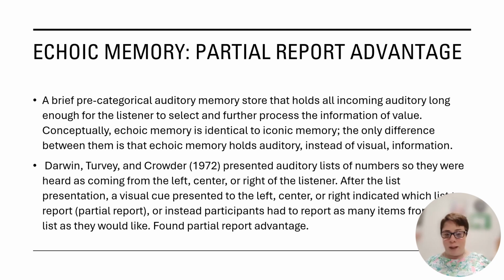And in these experiments, Darwin and colleagues found a partial report advantage at short cue delays and attributed this finding to echoic memory, which they purported was similar to iconic memory, a large modality-specific pre-categorical store for auditory information. And the partial report advantage was smaller than that for iconic memory, but otherwise they were very similar to each other.